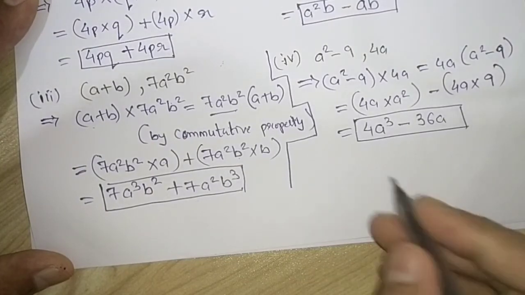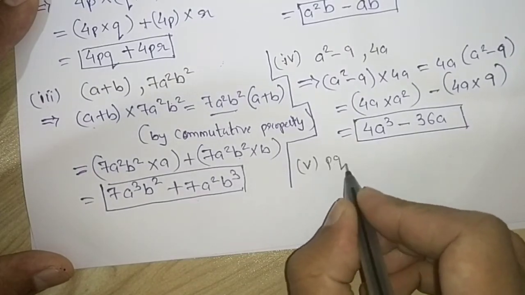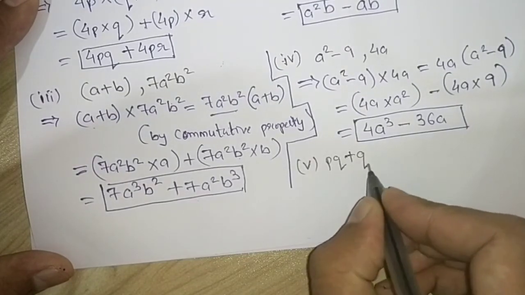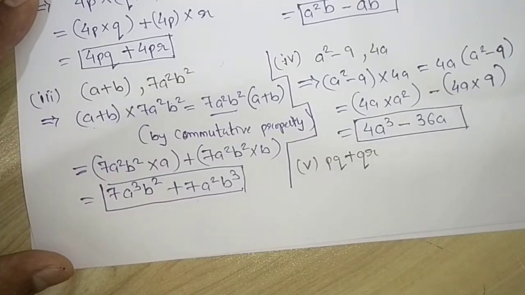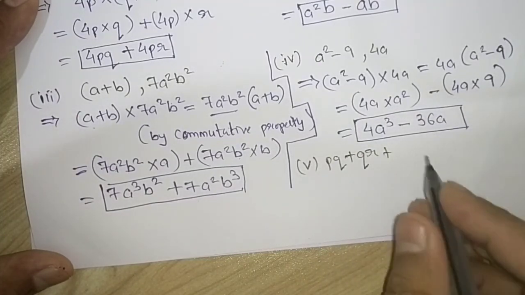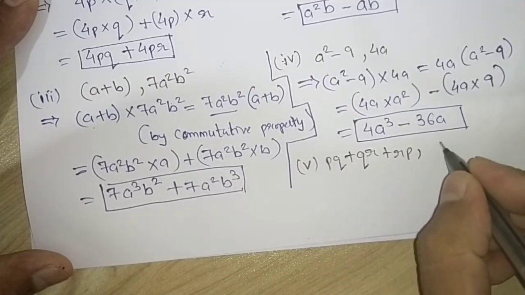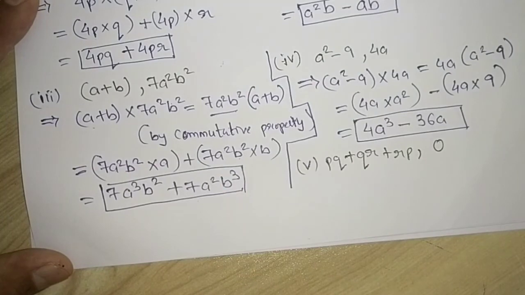Now the fifth part. The fifth part is pq plus qr plus rp as one expression and the other expression is 0.